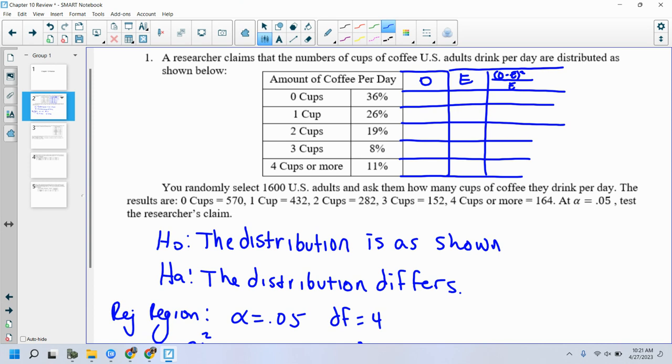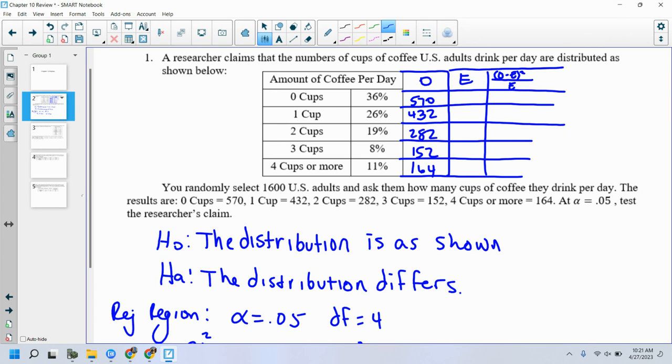All right, my observeds: 570, 432, 282, 152, and 164.